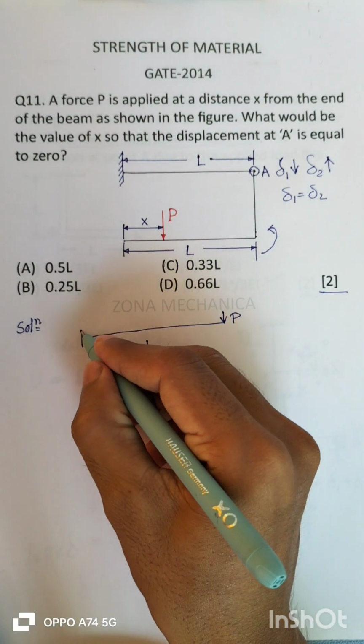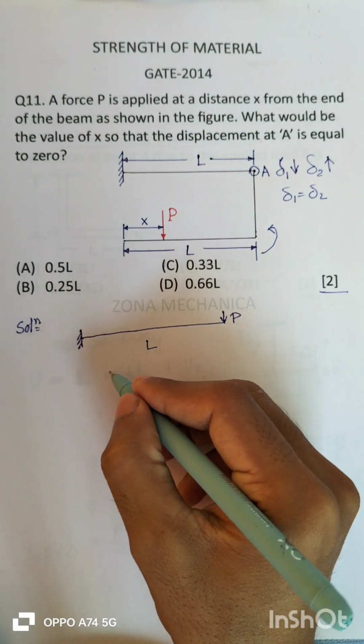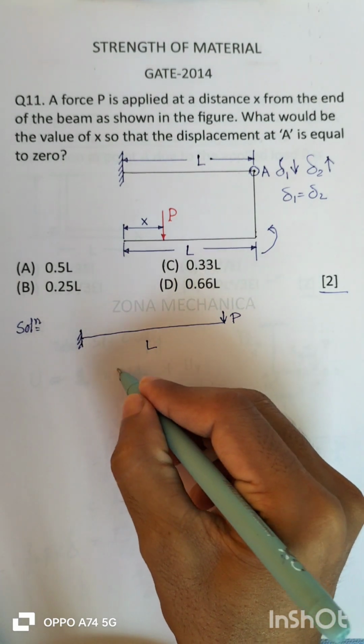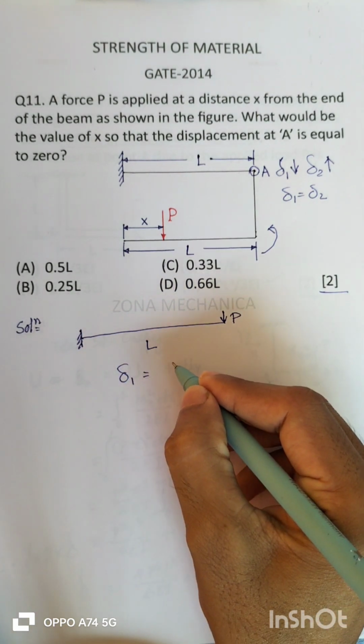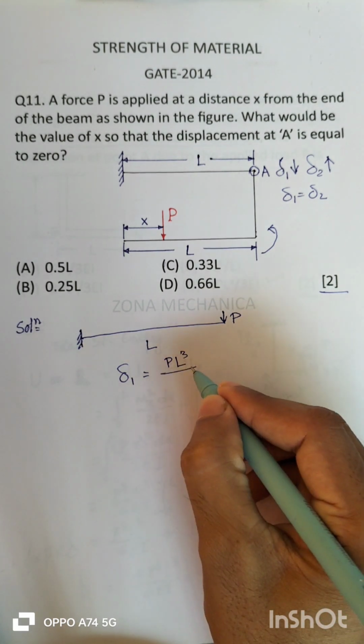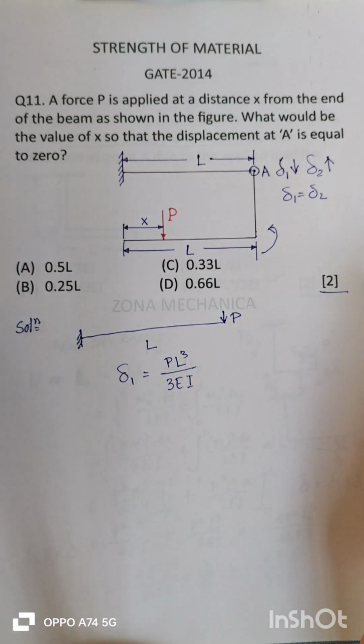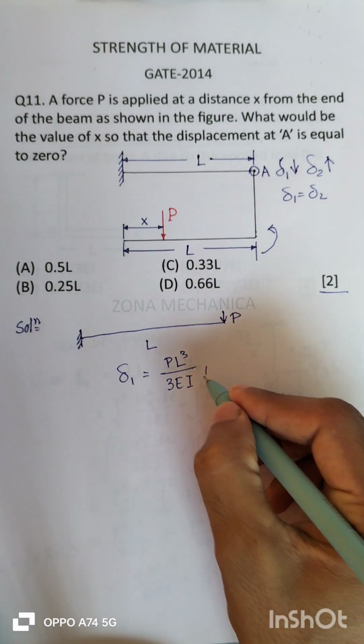So this is the first case. What would be the deflection? Delta 1 is equal to P L cube by 3 EI. This is a standard result, we know.